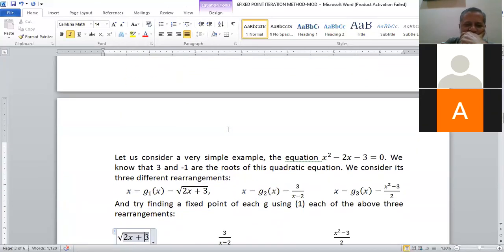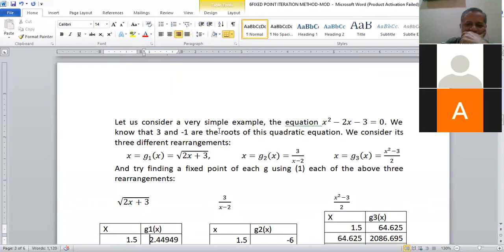And now let us consider an example. A quadratic equation x squared minus 2x minus 3 equal to 0. You can factorize and see what the roots are. 3 and minus 1 are the roots of this equation.